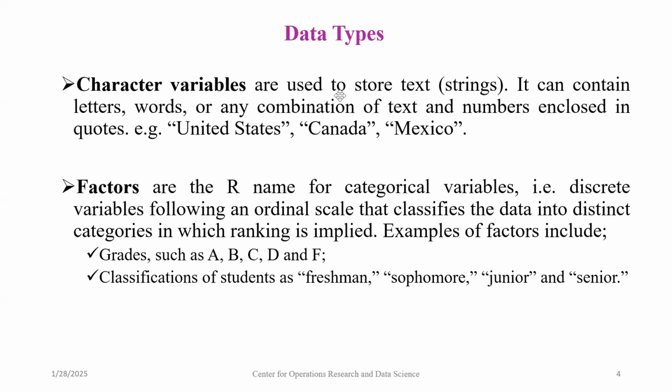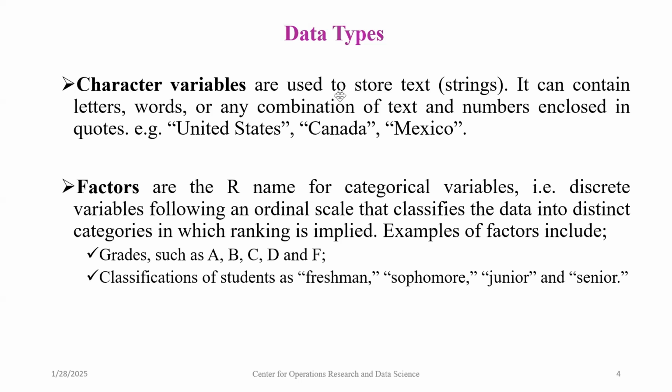Now, a similar variable to character variable are factor variables or factors. These two types of variables, character variables and factor variables, fall under a broad category called categorical variables or discrete variables. However, the main distinction between factor variables and character variables is that factor variables are ordinal, or they follow an ordinal scale, or we can also say they are ordered.